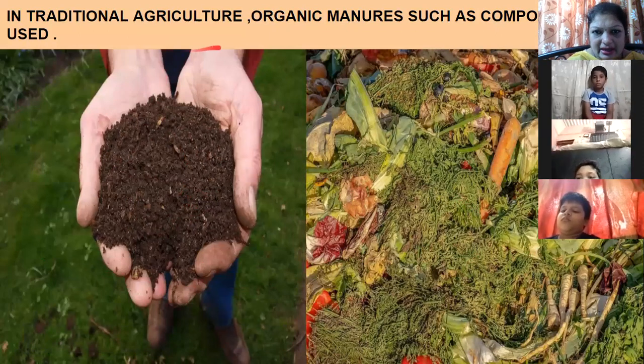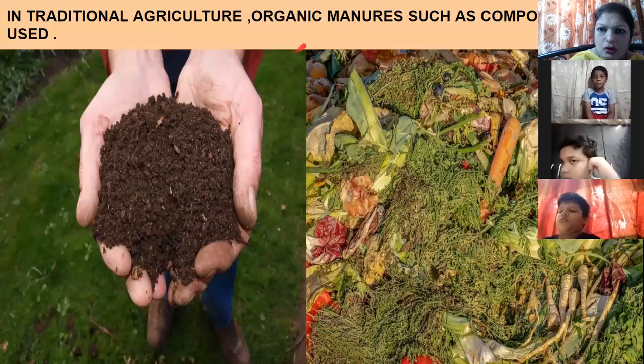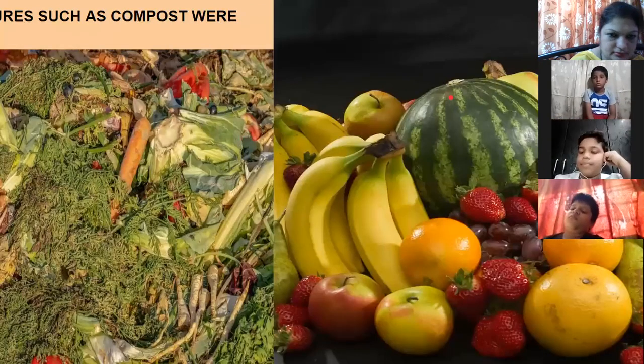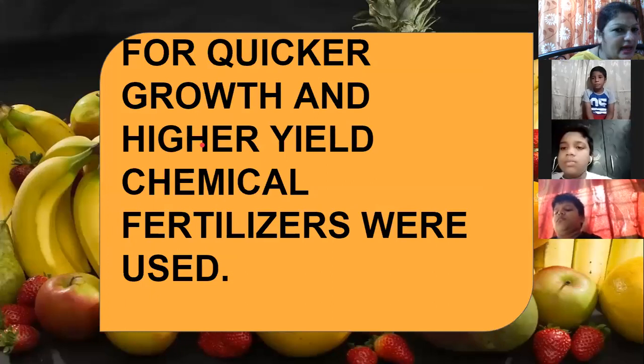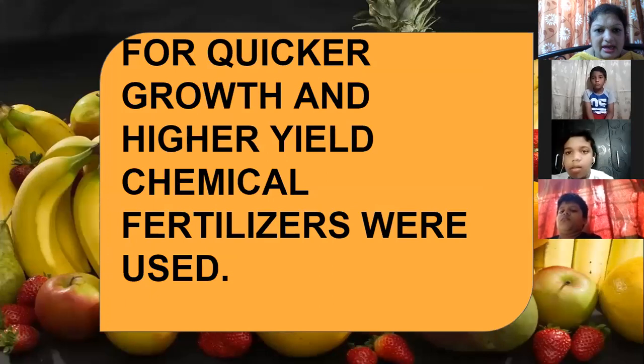So in traditional agriculture, organic manures such as compost were used. For quicker growth, if you want your crops to grow very easily and very quickly and in a tremendous amount, that means higher yield. What do you mean by higher yield?